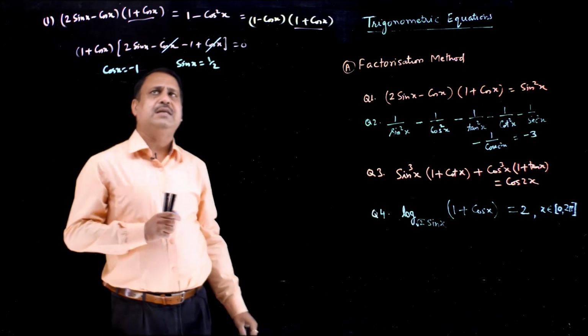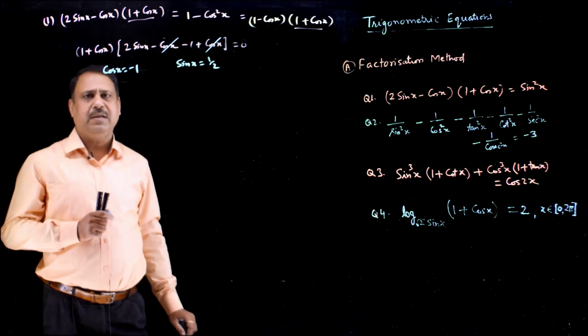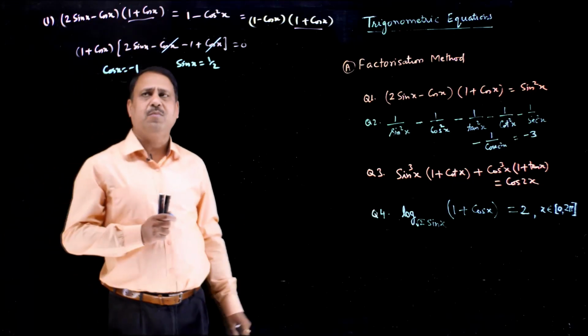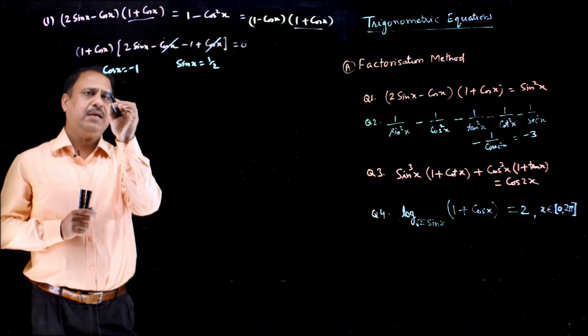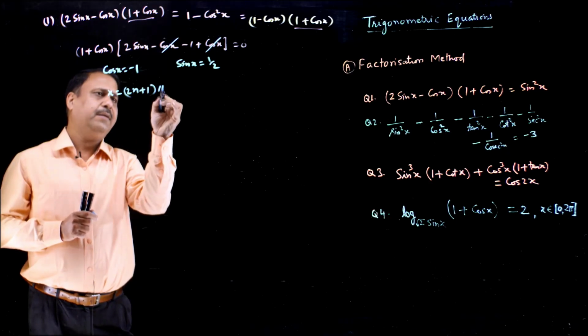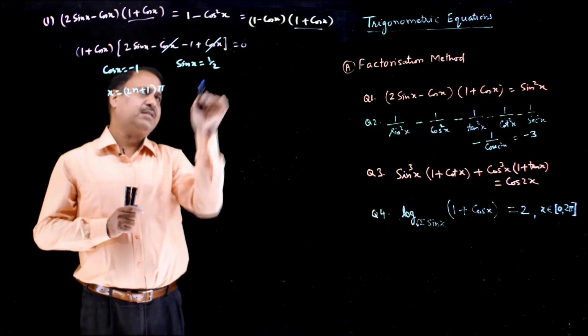And their solutions we can easily write. cos x is equal to minus 1, that means x is equal to pi or 3 pi, so 2n plus 1, odd multiple of pi. So x is equal to 2n plus 1 into pi, or sin x is equal to half.